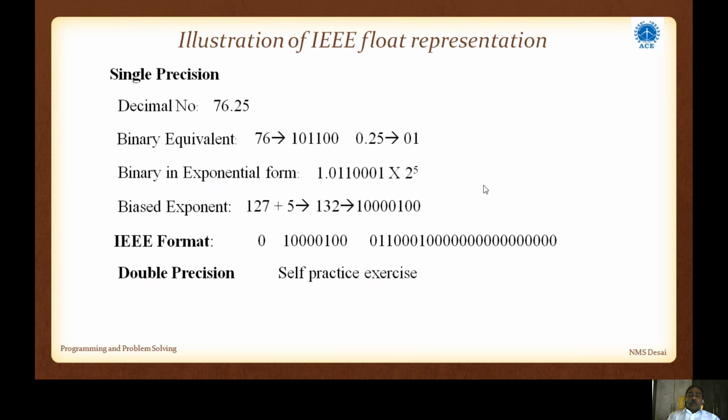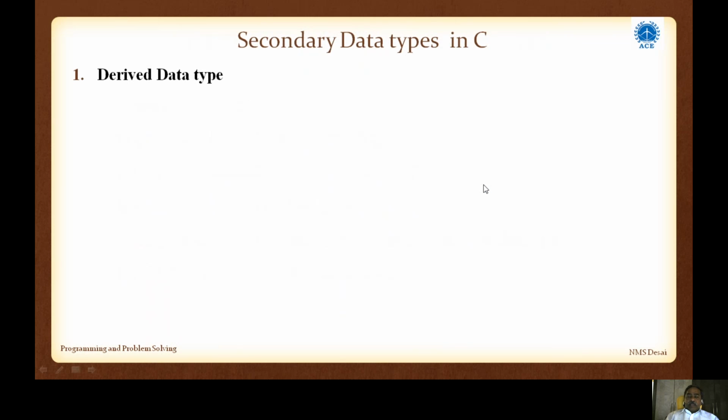Okay, now we'll go to the next topic. Yesterday we discussed that primary data types are declared in C. The primary data types are char, int, float, and double, a variant of float. We also discussed the range, the number, and the qualifiers like unsigned, short, long.